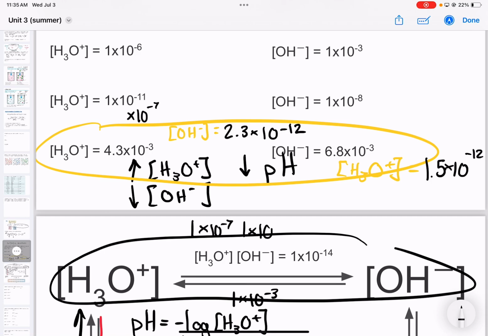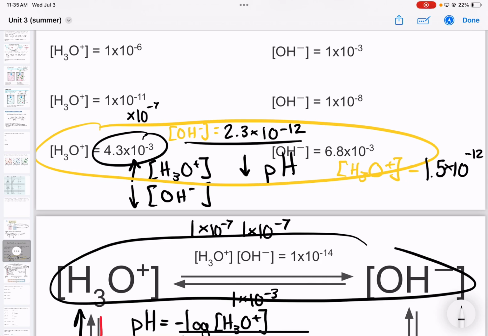So no acids or bases, they would both be equal to 10 to the negative 7th. So if you go higher, meaning a smaller negative exponent, like 10 to the negative 3rd, then that means it is more acidic. And then you can see from this that the OH minus is smaller than the 10 to the negative 7th. So the H3O plus goes up and the OH minus goes down.